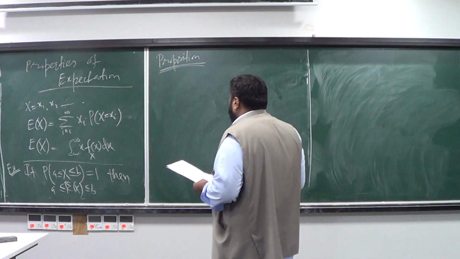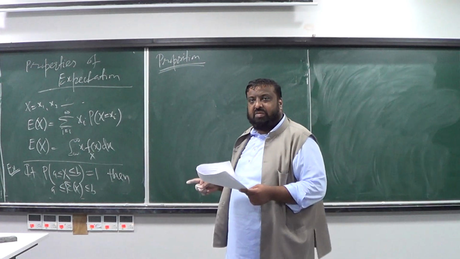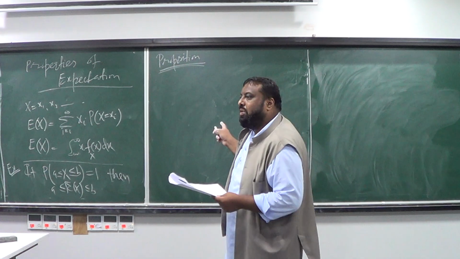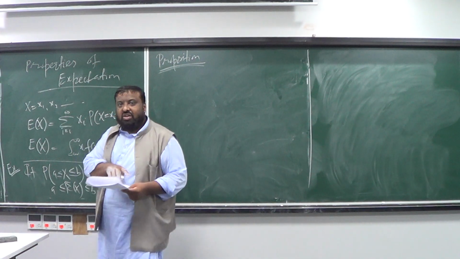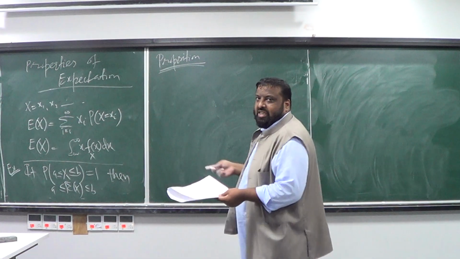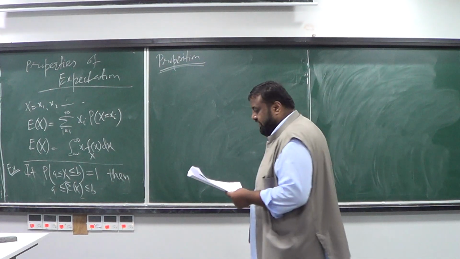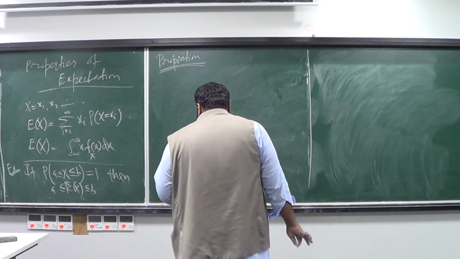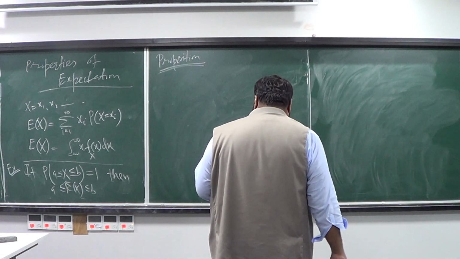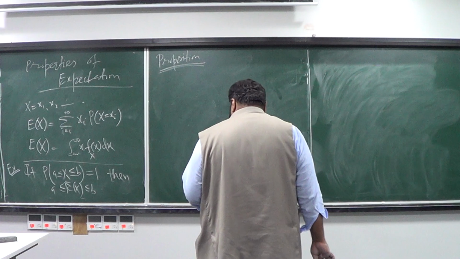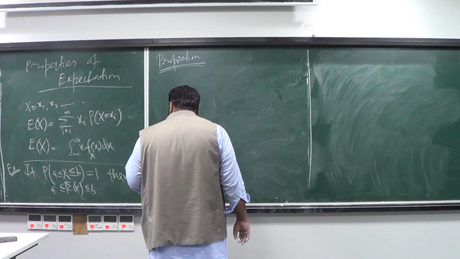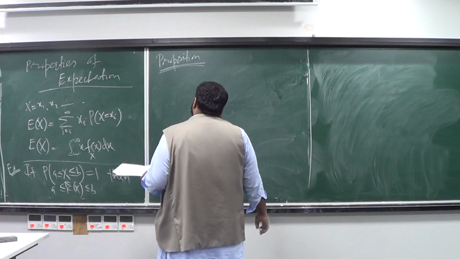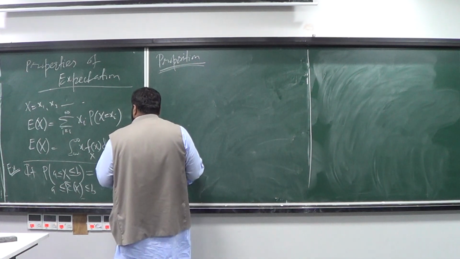I'm not going to prove this proposition because its proof is very analogous to what you did in one dimension. You may read its proof directly from the book, so I'm not going to get into that. But maybe I can give you some hints.